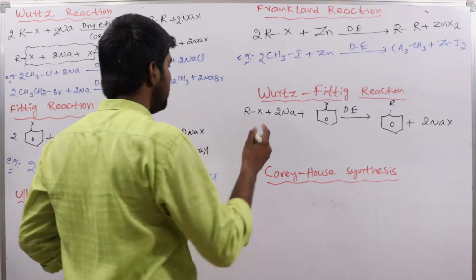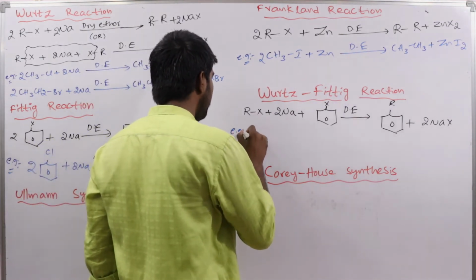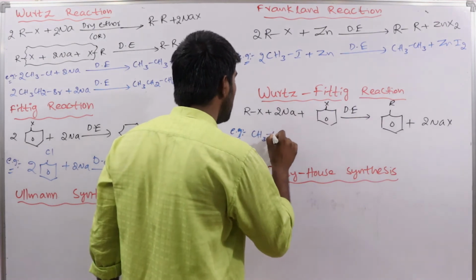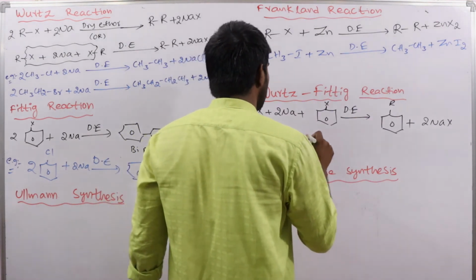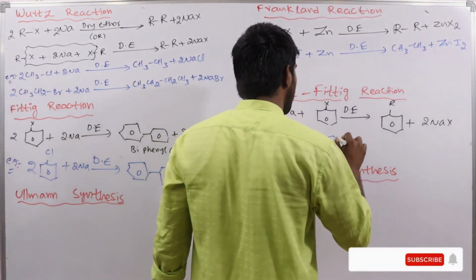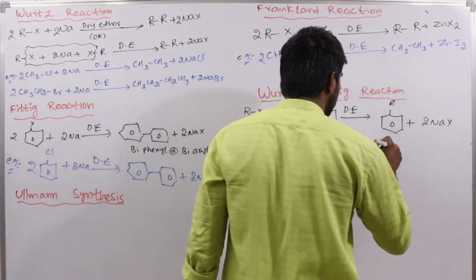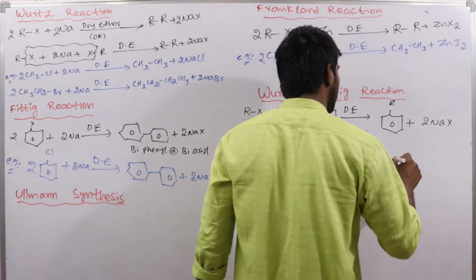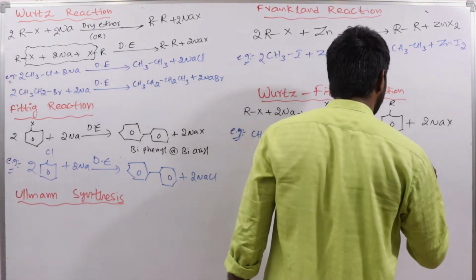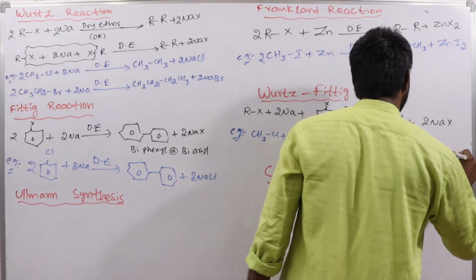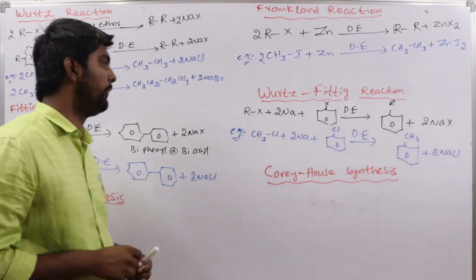Clear? For example, here if we consider CH3Cl plus 2 moles of sodium, and here we have chlorobenzene. Okay, so in dry ether, what is the product here? We get methyl benzene or toluene. 2 moles of sodium chloride is formed.